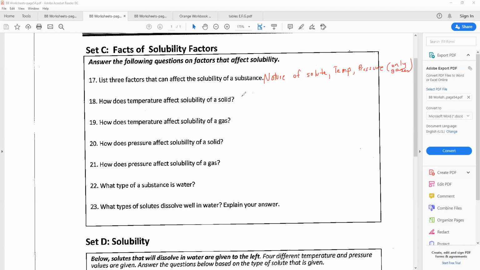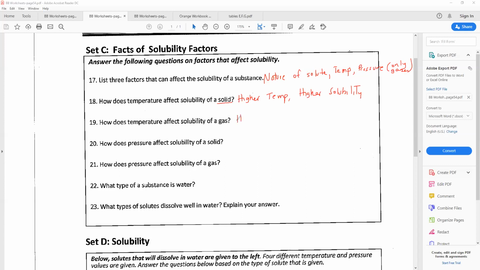How does the temperature affect the solubility? What did we say? The higher the temperature, the higher the solubility. And we are going to talk about it later on table G. That's for solids. How does the temperature affect the solubility of a gas? Well, it has the opposite effect.